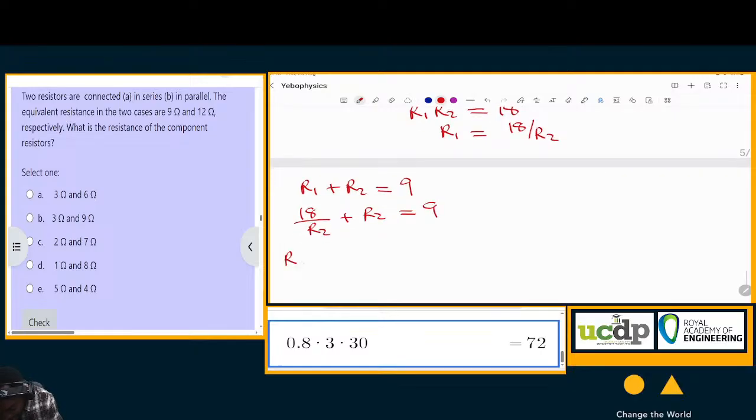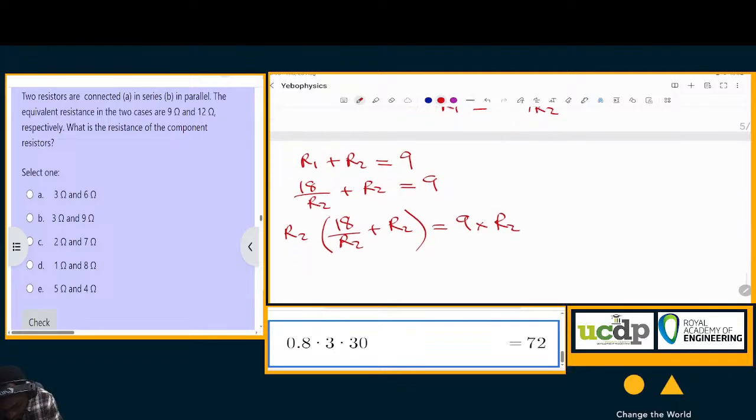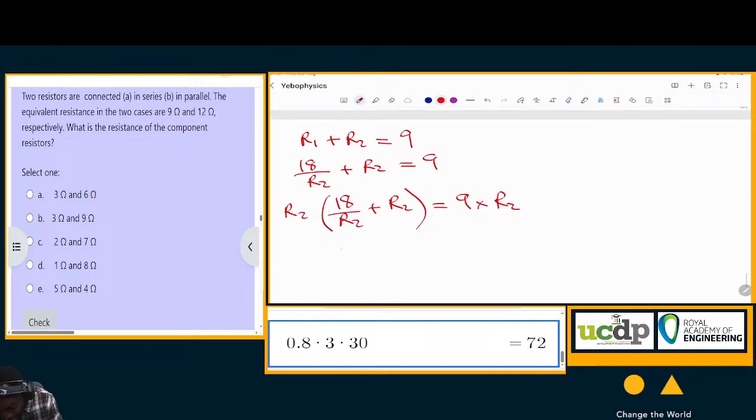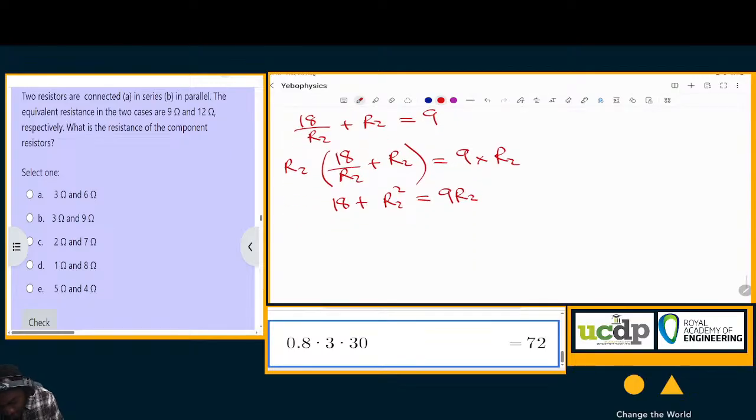Then if you multiply both sides by R2, this becomes 18 plus R2 squared equals to 9R2. So which means you now have R2 squared minus 9R2 plus 18 equals to 0. So you see you've got a quadratic equation.